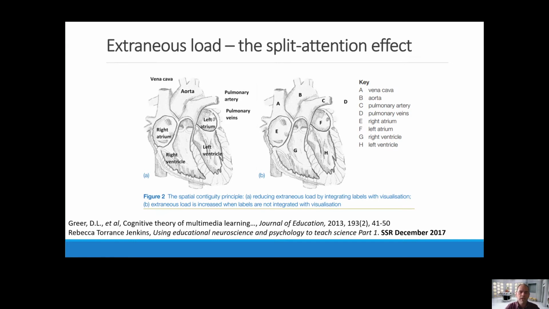So on the left-hand diagram, you've got the instructions overlaid on the picture, so they can just look at that diagram. On the right-hand side, it's the traditional labeling, and they're having to jump between the key and the diagram to see what's going on. So potentially that's adding extra load, and therefore that cognitive load is not available for them to be thinking about the concepts and developing their schema.